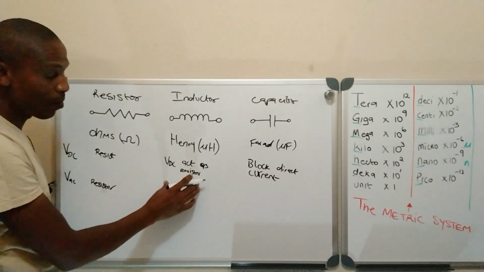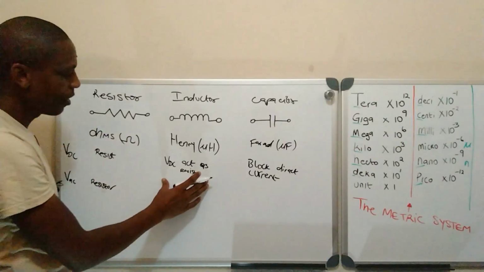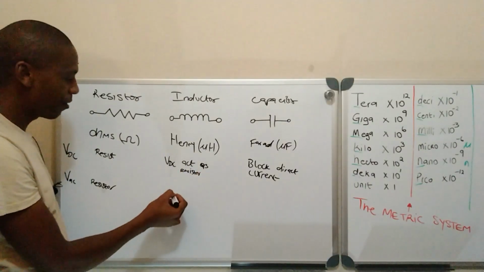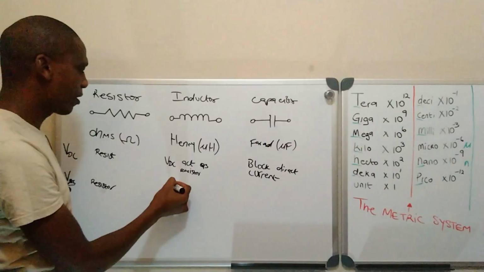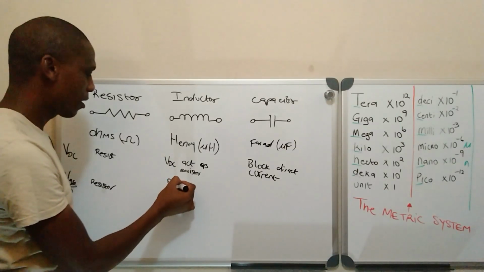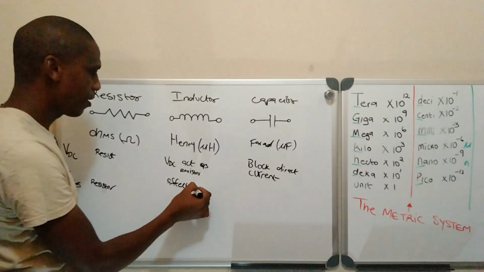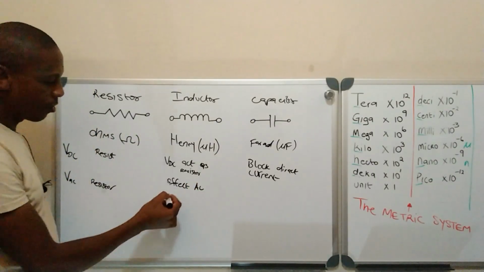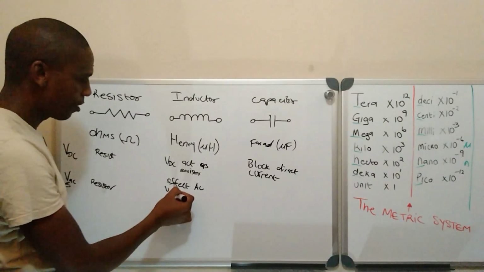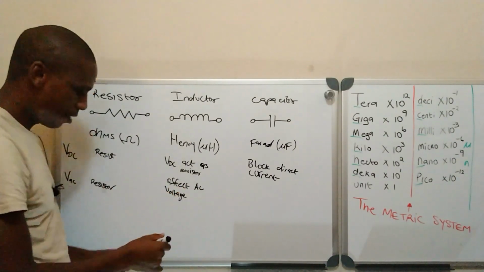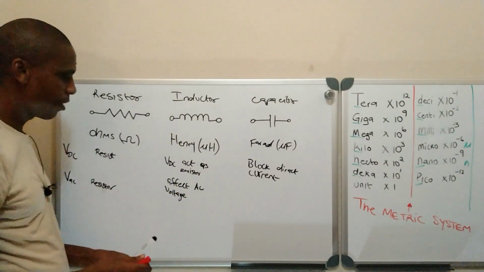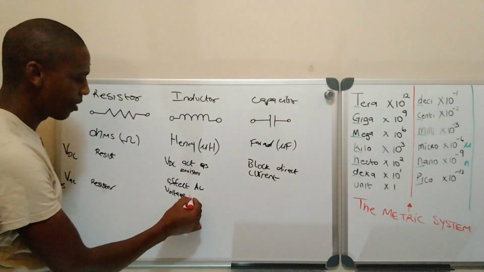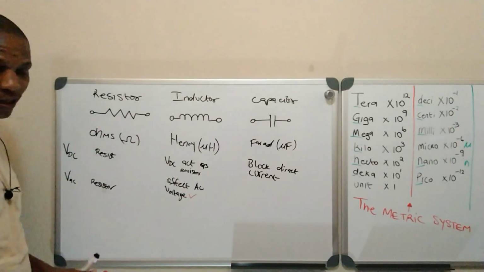So it has a problem with current, but it doesn't affect voltage. Actually, it doesn't affect voltage at all. So I'm just going to put a tick here to say it doesn't have a problem with voltage.